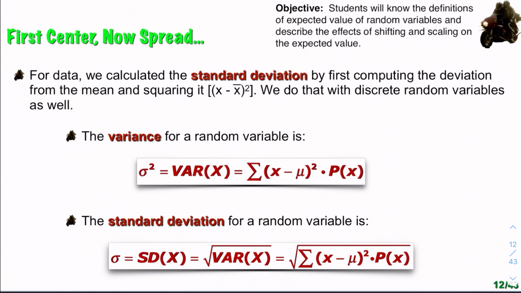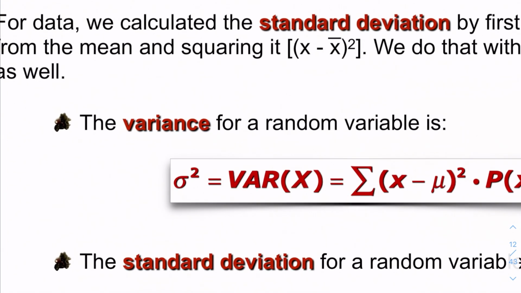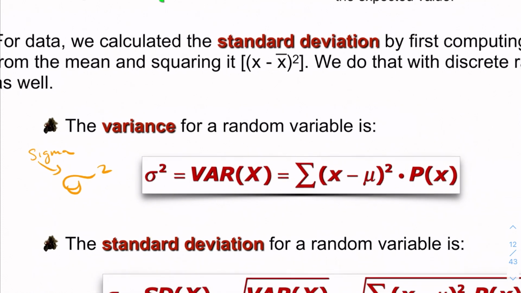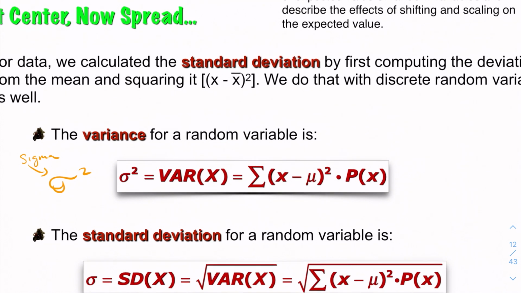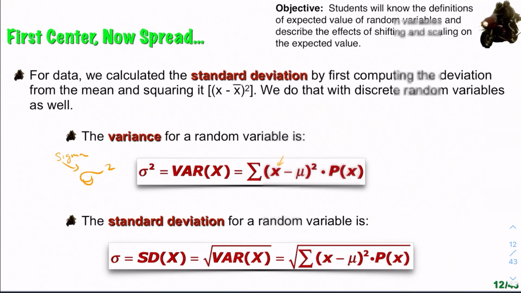So the first thing that we find is called the variance. The variance, or sigma squared. This is the Greek letter sigma. Again, we use Greek letters to talk about population. So the population spread, or the variance, is each of the values minus the mean, squared, times the probability.